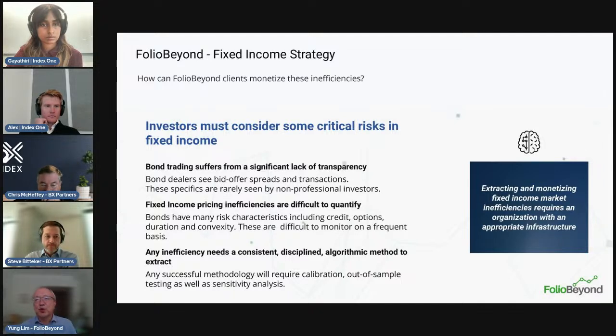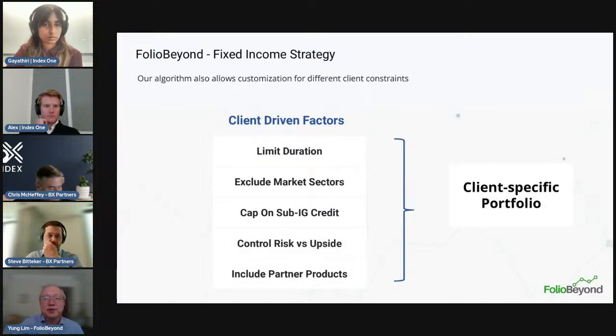So if you're a pure value-driven investor, you're going to find inefficiencies from time to time for various reasons. So in order to capture those inefficiencies, what you need is a repeatable process for understanding the inefficiencies and implementing trades based on where relative value is the most attractive. So our fixed income model is designed to capture all those effects.